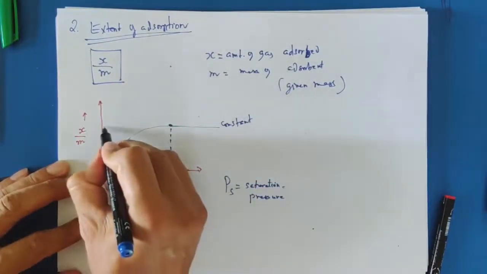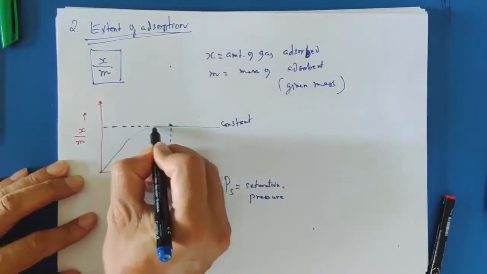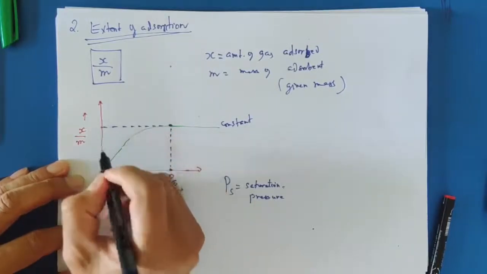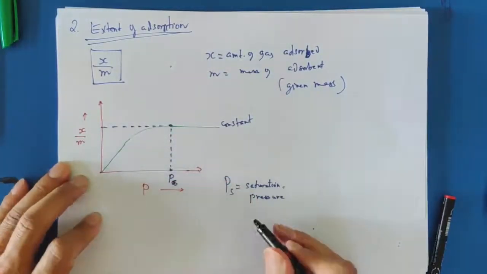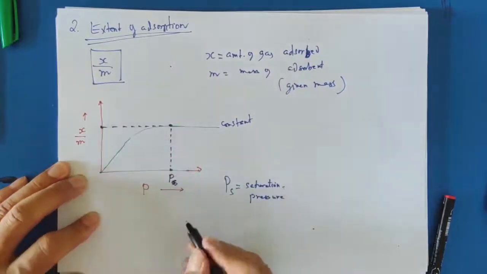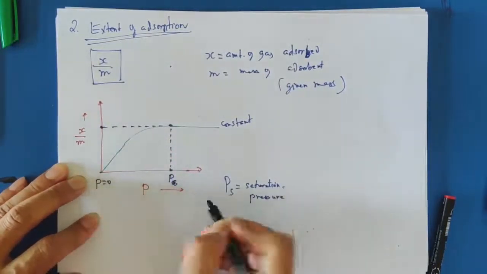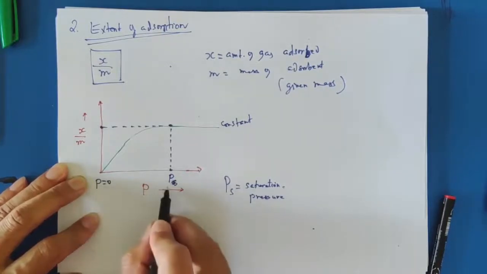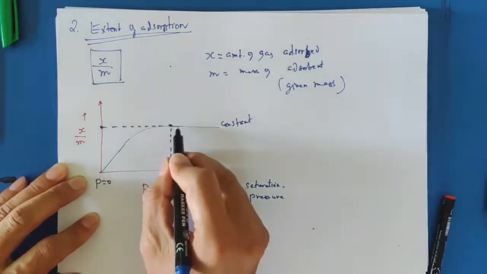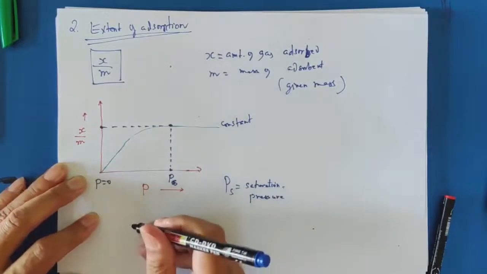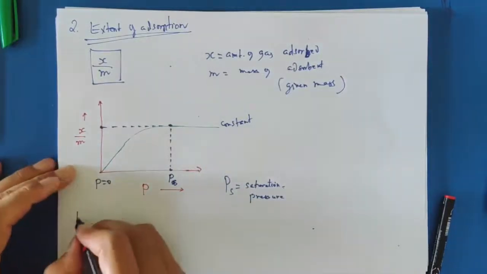The amount x is given by x by m. Pressure starts at 0, goes up to PS, and then the graph becomes a straight line.